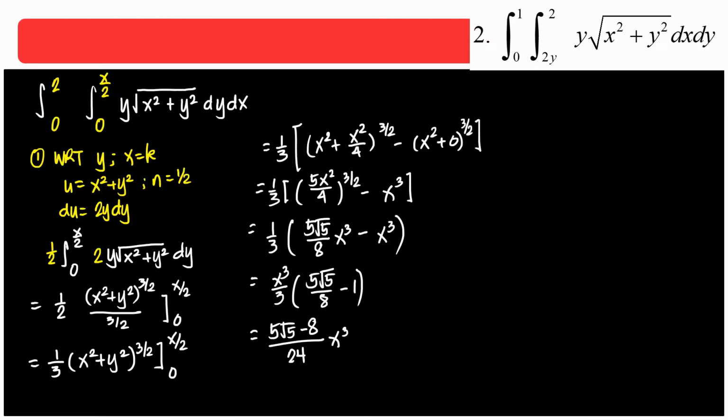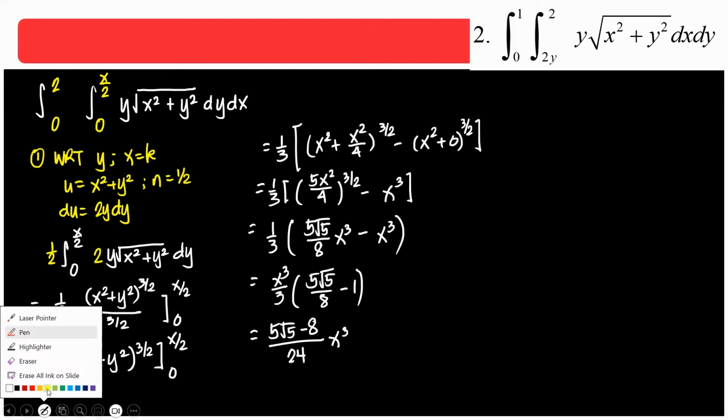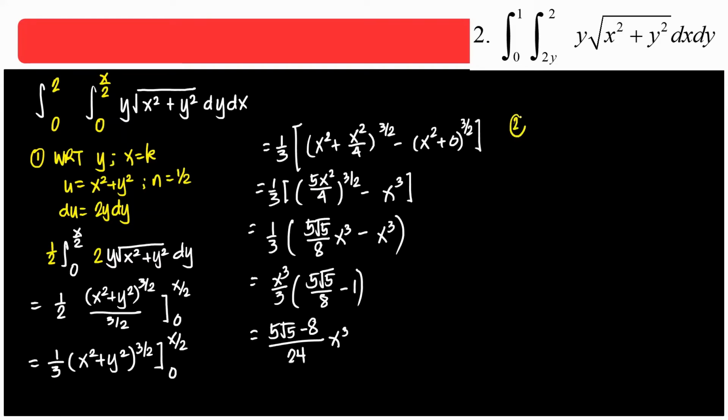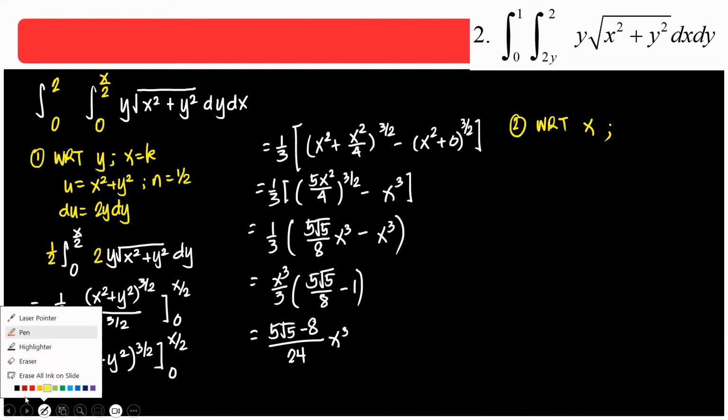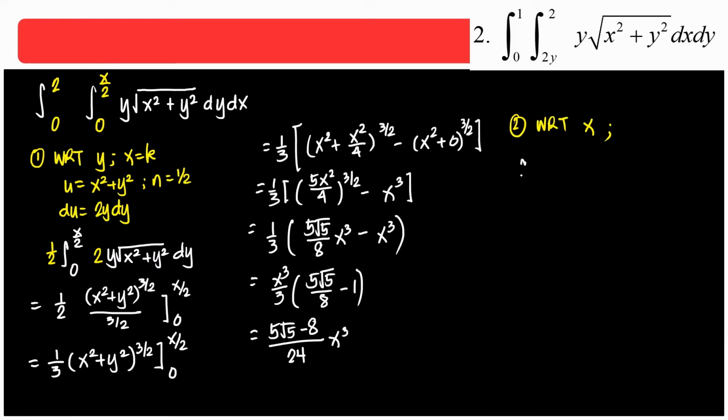And then what happens is, let's integrate it the second time around, but now it's with respect to x. So let's rewrite the integral from 0 to 2 of 5 square root of 5 minus 8 all over 24 x cubed dx. We don't need all the constants.